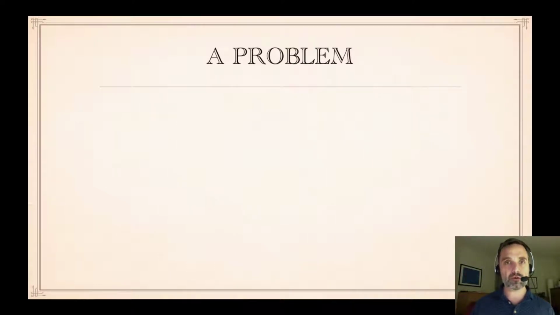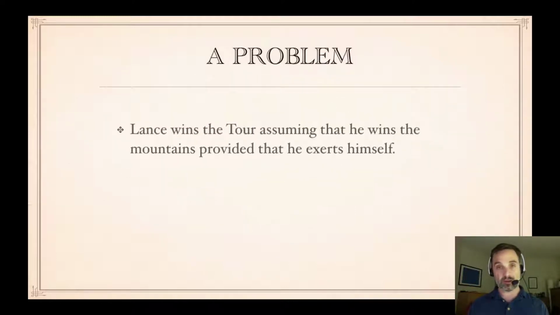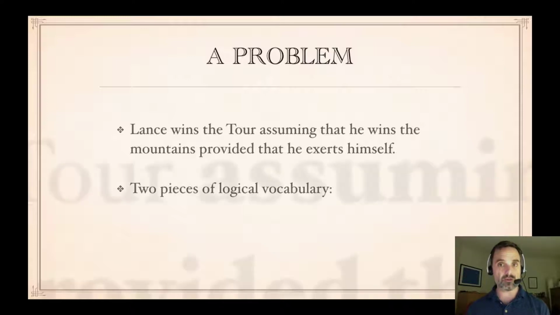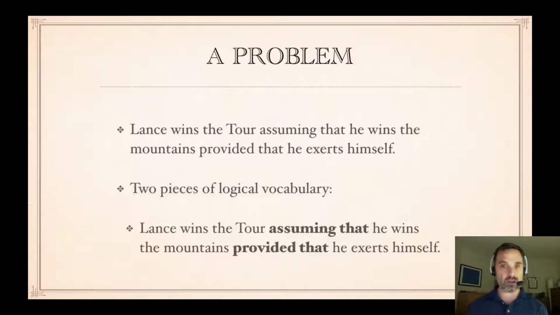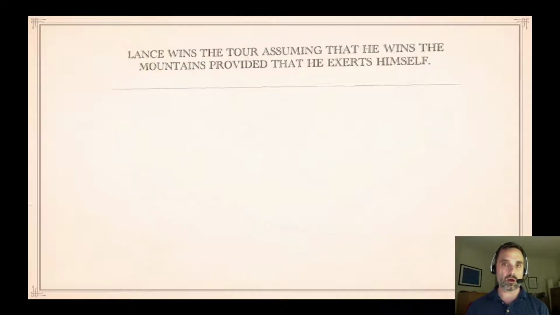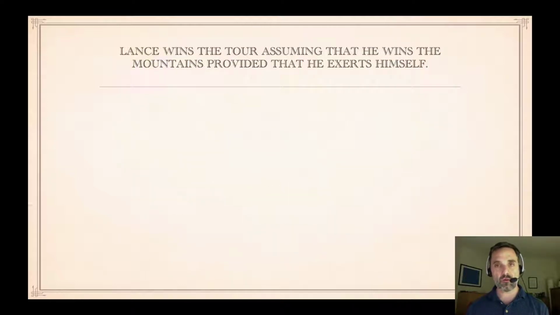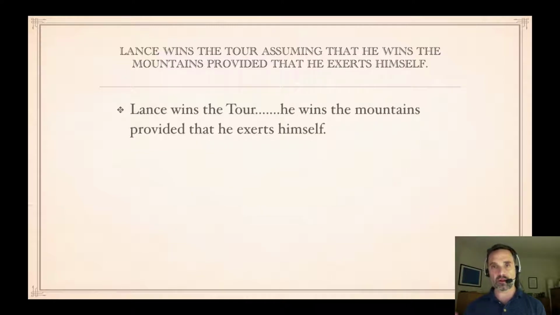So let's take a look at this sentence. Lance wins the tour, assuming that he wins the mountains, provided that he exerts himself. Now, this sentence contains two pieces of logical vocabulary. It contains "assuming that," and it contains "provided that." So what happens if we remove the "assuming that"?